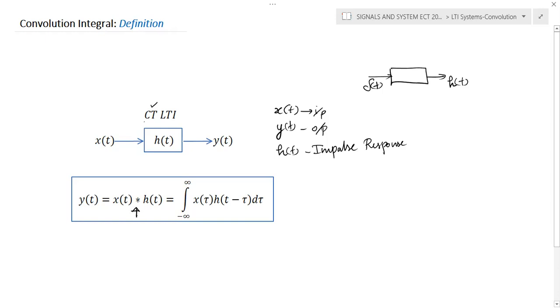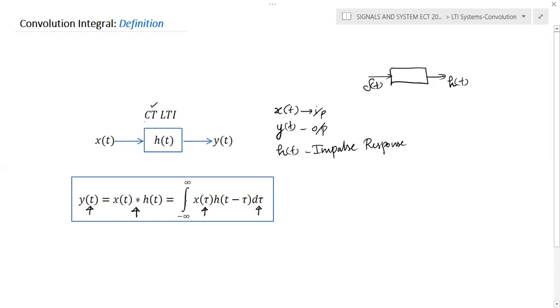So x of t convolution h of t is defined by the equation integral from minus infinity to infinity x of tau, it's very important here, the integration variable is tau, and x of tau into h of t minus tau d tau. Here the variable for this integration is tau, not t, but the final result will be written in t.